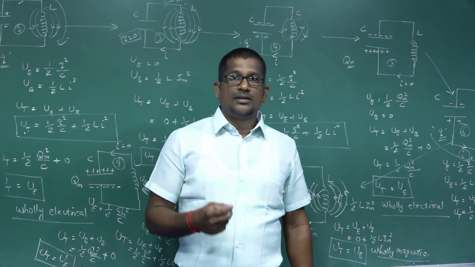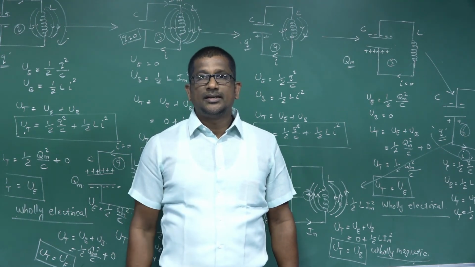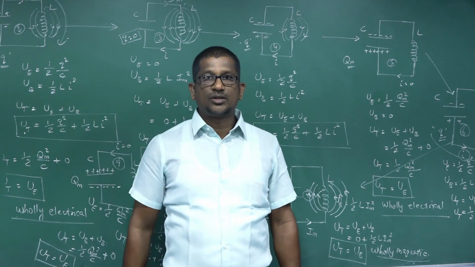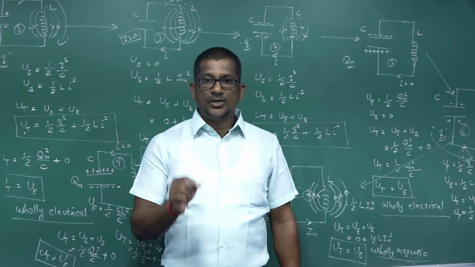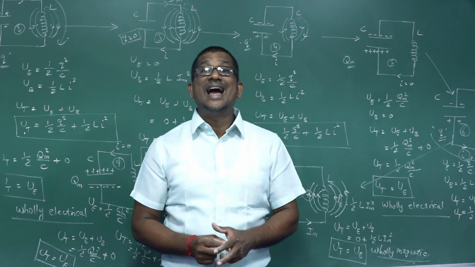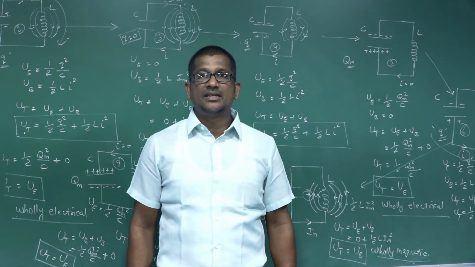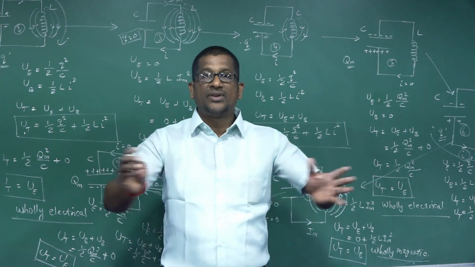My dear students, as I already told, if energy is given to the LC circuit, an electromagnetic oscillation sets up in the circuit, which is called LC oscillation. If the inductor and capacitor in the LC circuit are an ideal capacitor and ideal inductor, the oscillation exists in the LC circuit indefinitely.